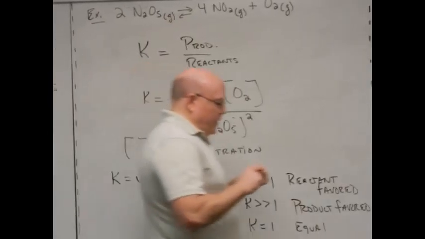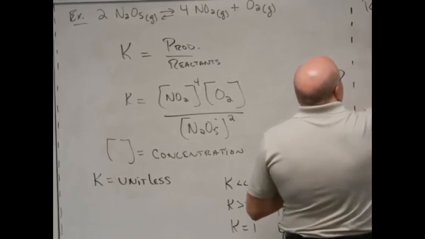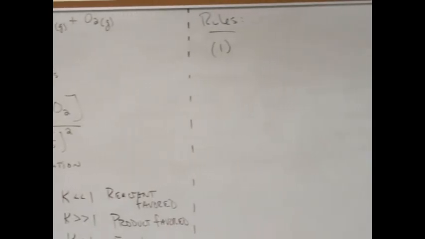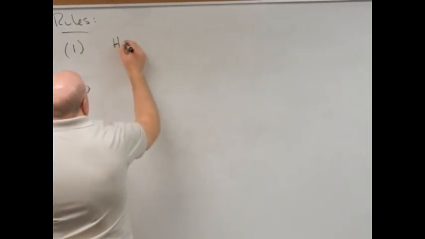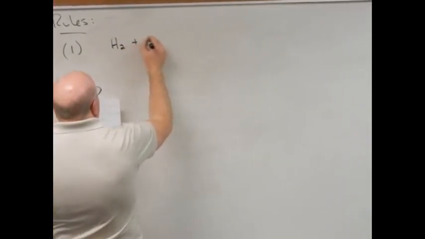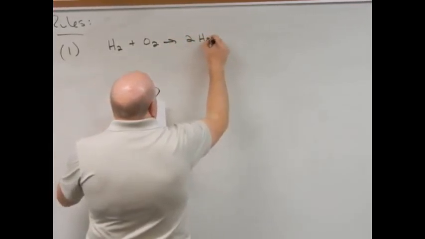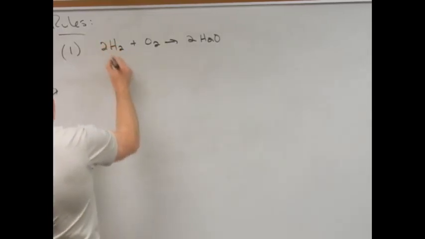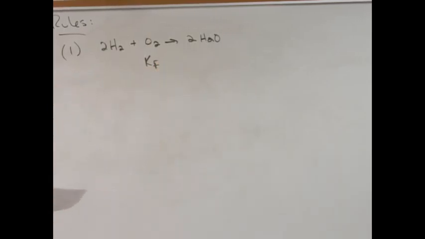This is written when you write an equilibrium expression for reactant going to product. A couple rules for these constants. If you have a reaction such as this, here's our reaction, and you know what the K value is, K for the, we'll call it the forward reaction.